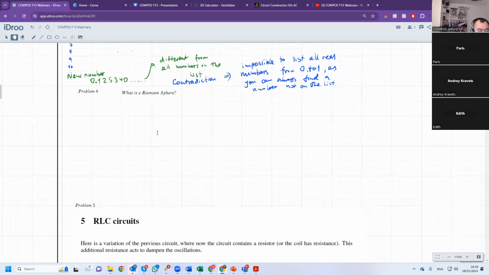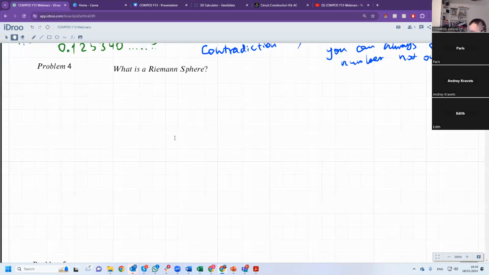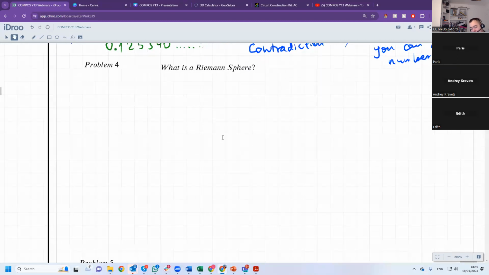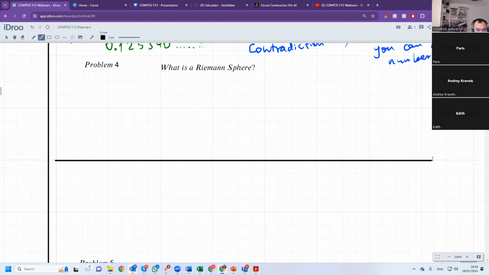A Riemann sphere, a slightly disconnected topic, but it's an interesting concept. If you take a straight line, it's the line of real numbers, x real numbers. So you have 0 here.